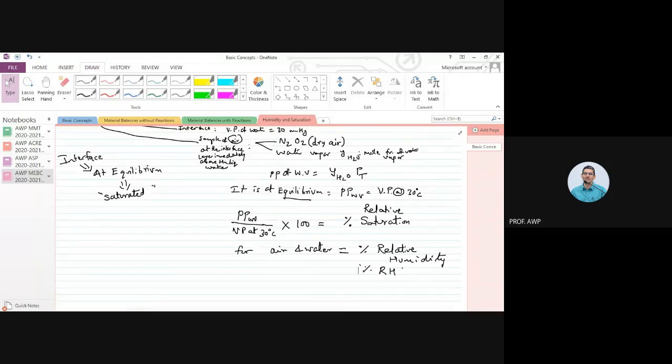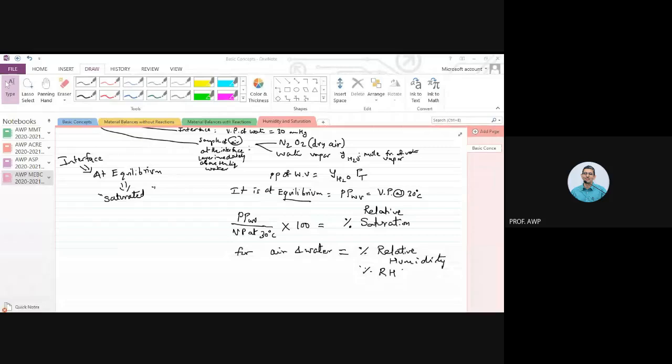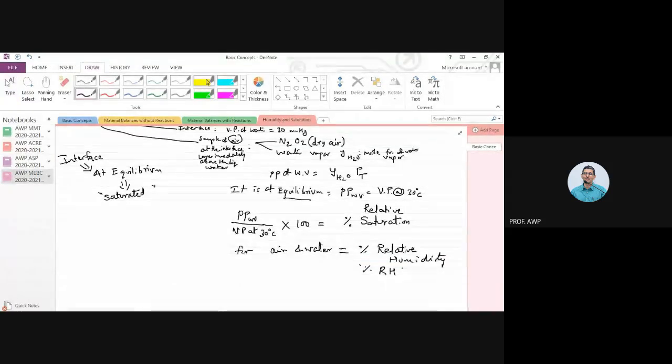Somebody had a doubt? Please ask. Sir, the partial pressure of water vapor is equal to Y of H2O into total pressure above the interface also? Yes, it is everywhere equal. Partial pressure is equal to mole fraction into total pressure. That is valid whether we are at equilibrium or not at equilibrium, isn't it?